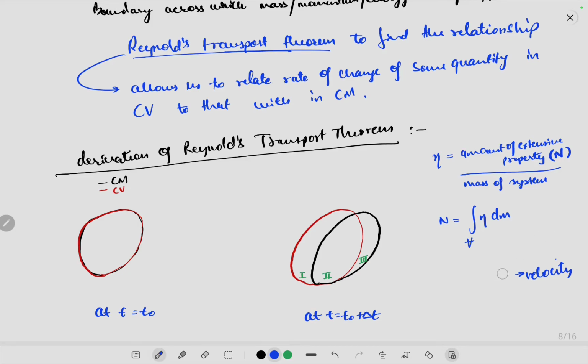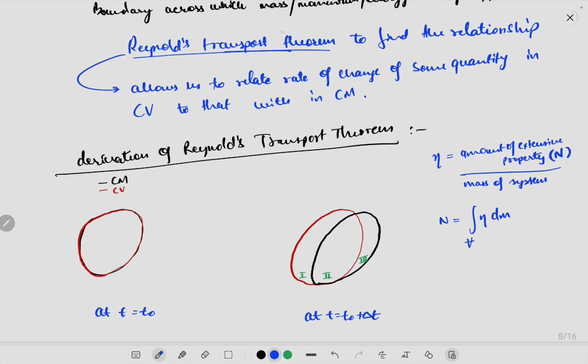Alright, so this is integrated over the volume. So whatever the volume for which I am defining this, this elemental mass dm, integrated over that volume would give me the total extensive property in that volume V.